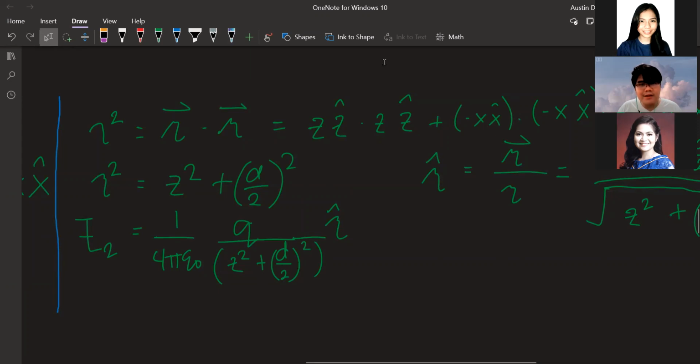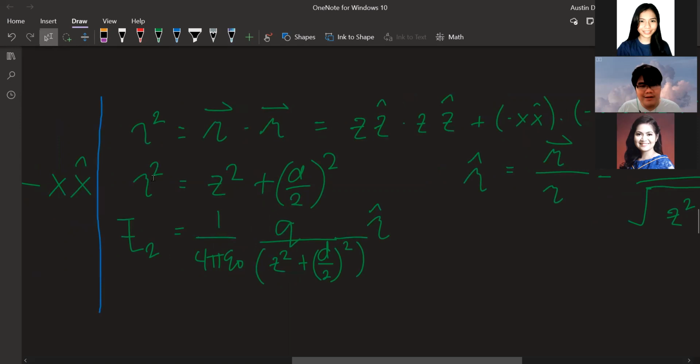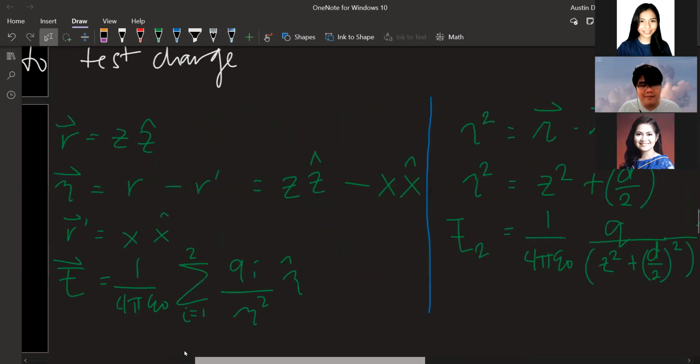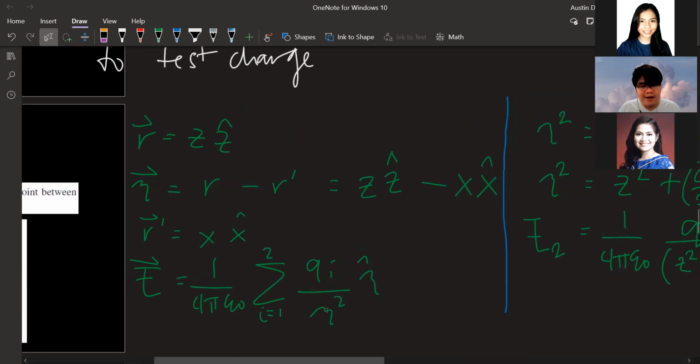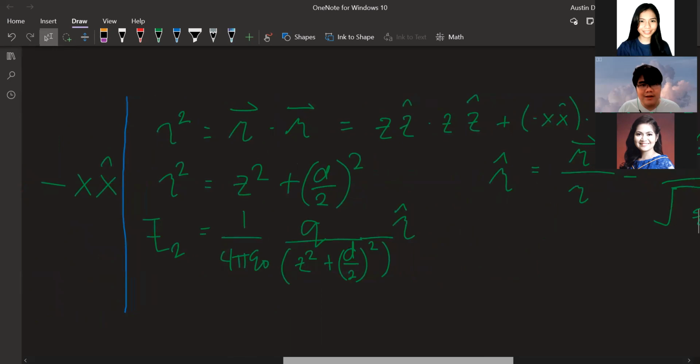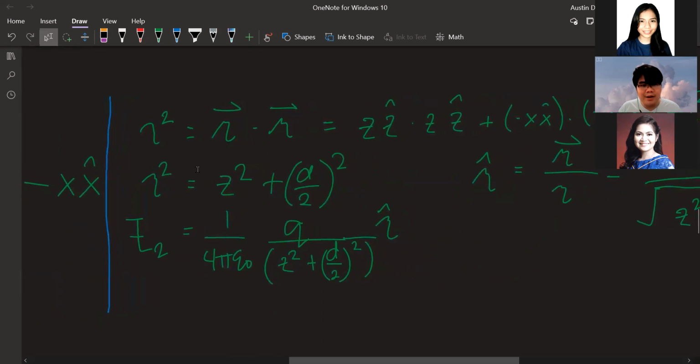Wala tong square kasi this is r squared agad. Okay? R squared yung kailangan natin, yung curly r squared. And we know that by Pythagorean theorem, ito siya. I just plug in directly.